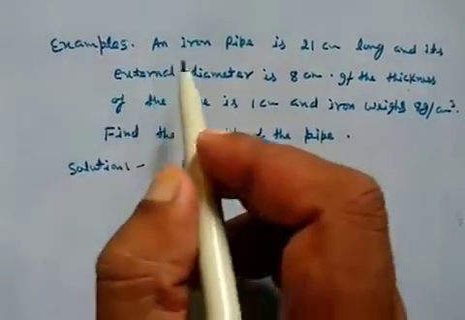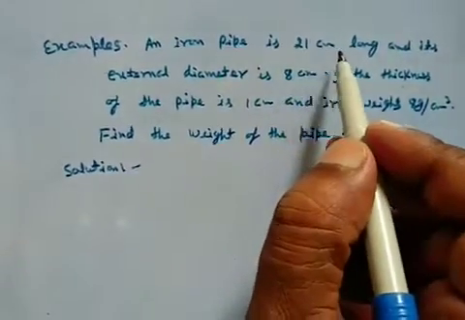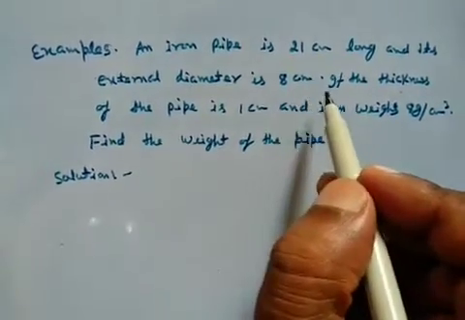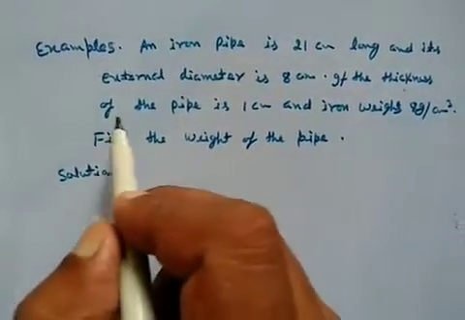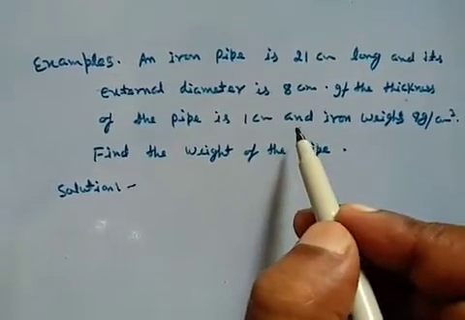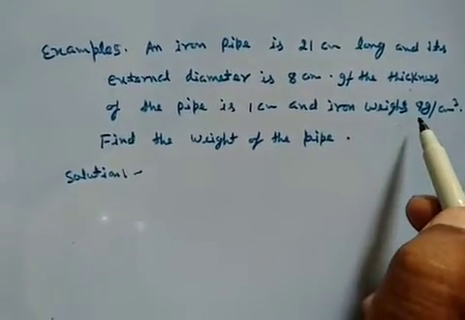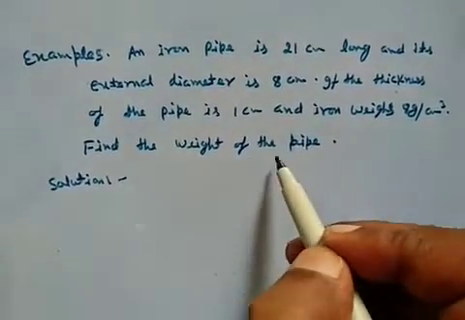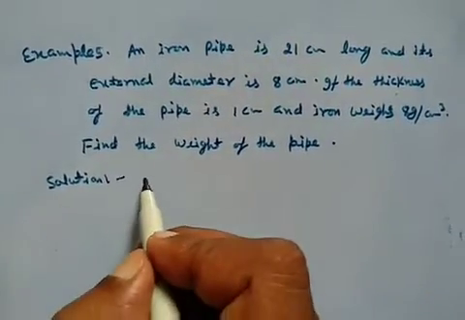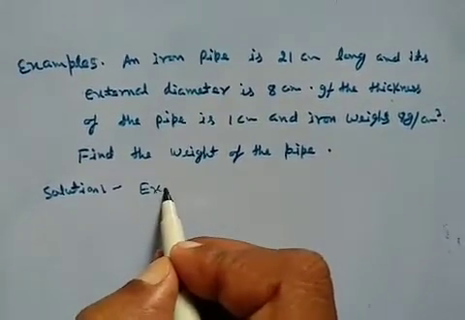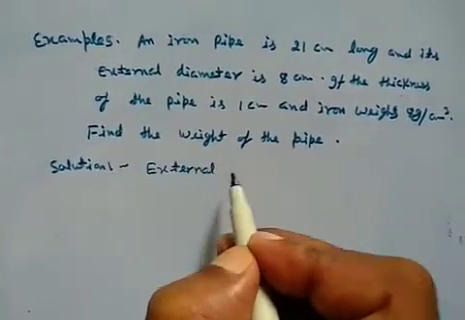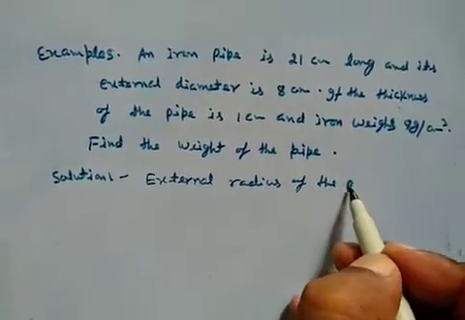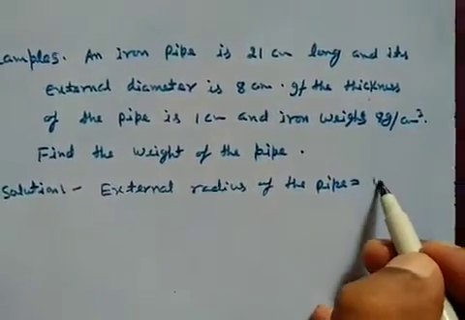Example 5. An iron pipe is 21 centimeter long and its external diameter is 8 centimeter. If the thickness of the pipe is 1 centimeter and iron weighs 8 gram per centimeter cube, find the weight of the pipe. Solution: external radius of the pipe equal to 4 centimeter.